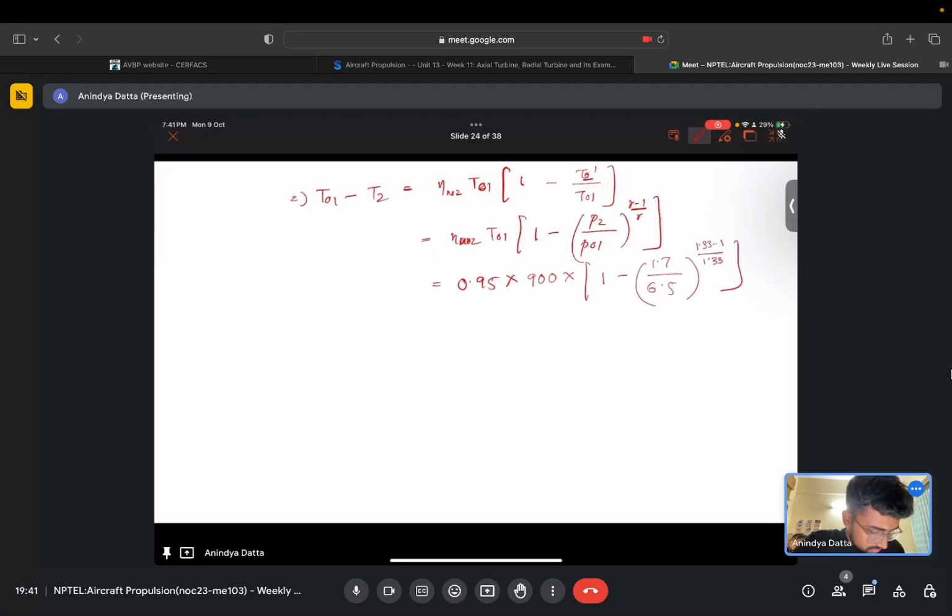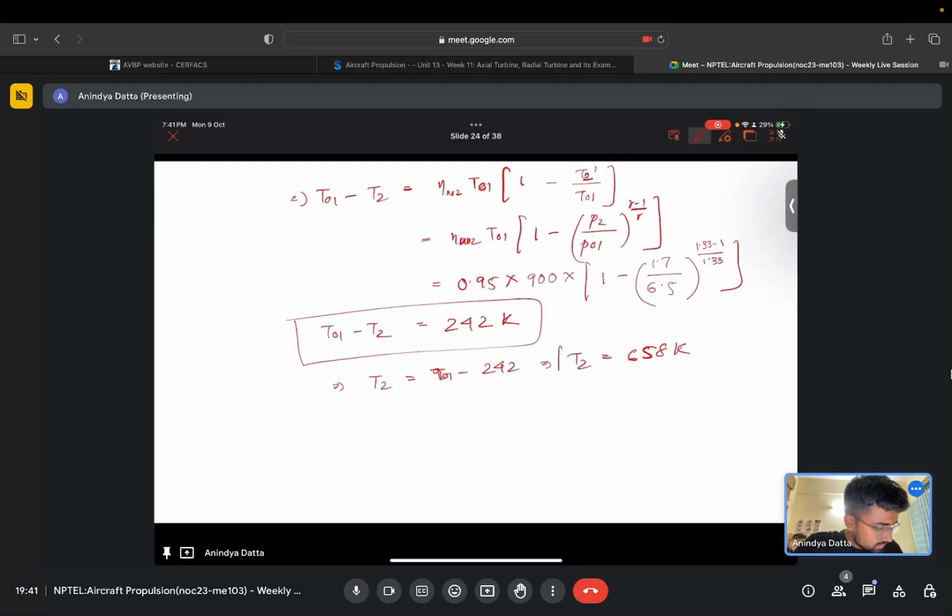If we now solve this, we get T01 minus T2 as 242 Kelvin. So T2 will be T01 minus 242, so T2 will be 658 Kelvin.